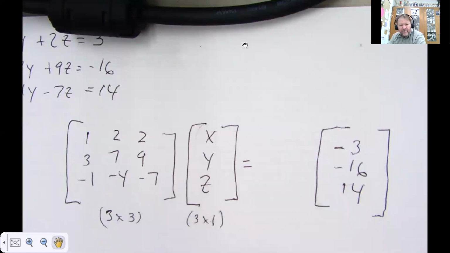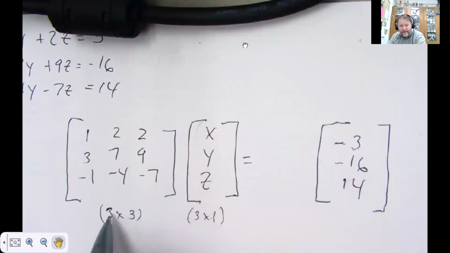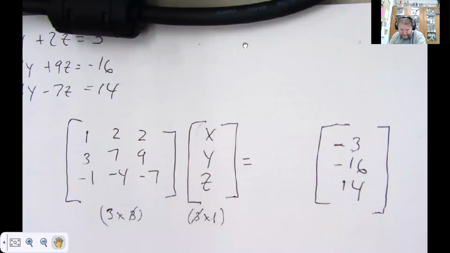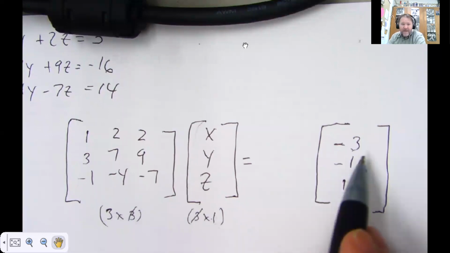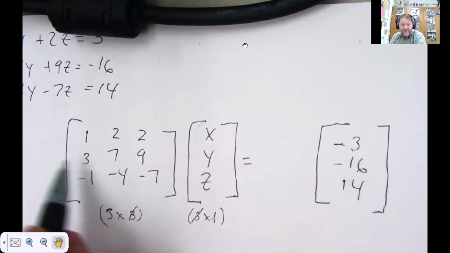We cross those out because that's what you're checking to see if they're the same. The resulting matrix will have the number of rows of the first by the number of columns of the second, so 3 rows, 1 column is the result of multiplying these two matrices.